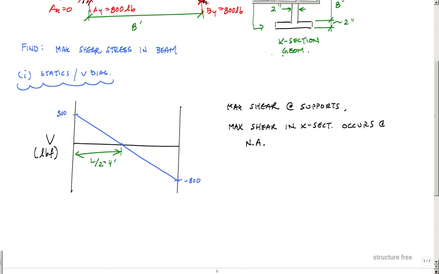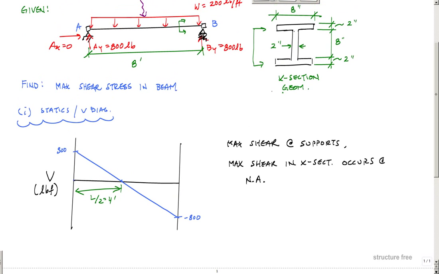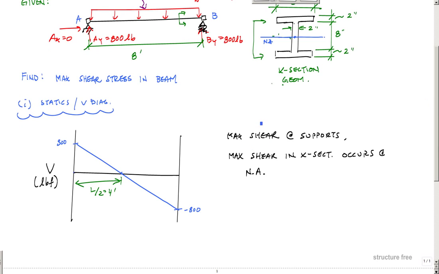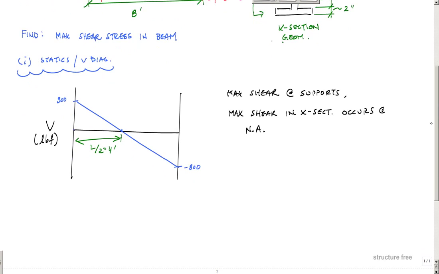And so I expect my max shear stress to occur right where this 2-inch line is right here, but this being 2 inches, my neutral axis, because this is a symmetric shape, is right here. This is my neutral axis, and my max shear stress will occur there at that location. So with that being said, since we know where the max shear occurs and where the maximum shear stress is, we can go ahead and proceed. And those are really the two important things that you have to figure out.